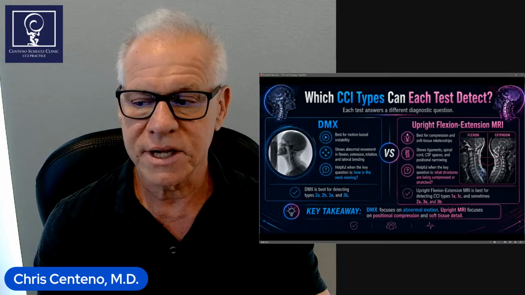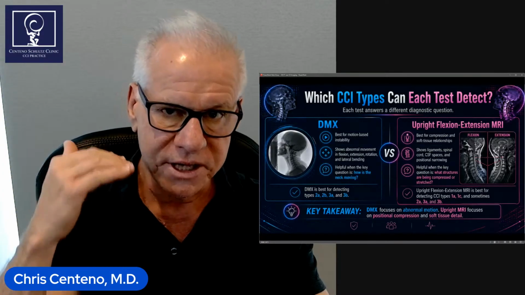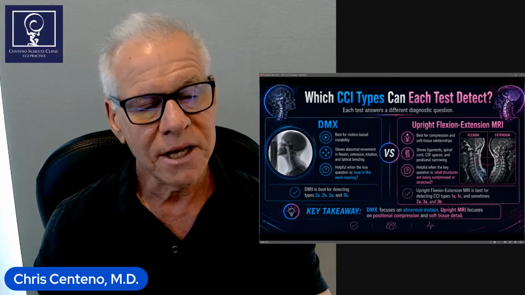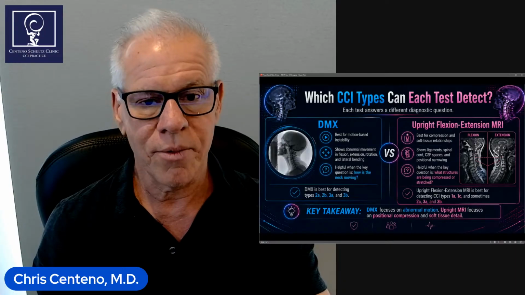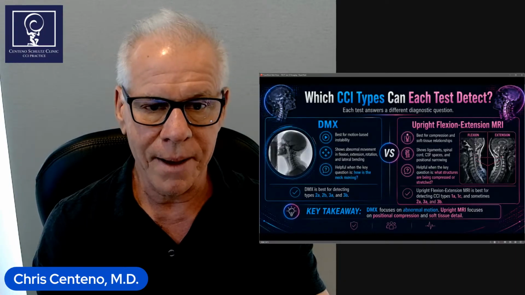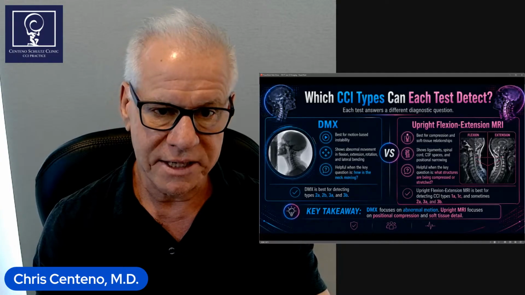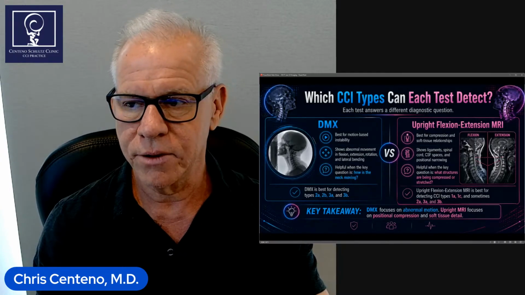And you can also see type 3A and 3B, which is C2-3 moving or sliding forwards and backwards. That one is a little bit more present on an upright MRI. I see that one all the time. But again, not going to be as sensitive as a DMX for those things.